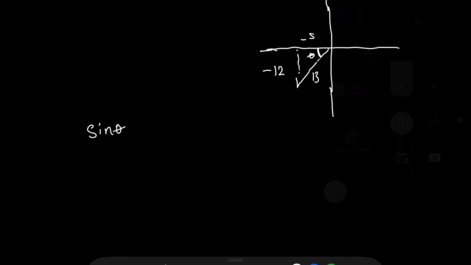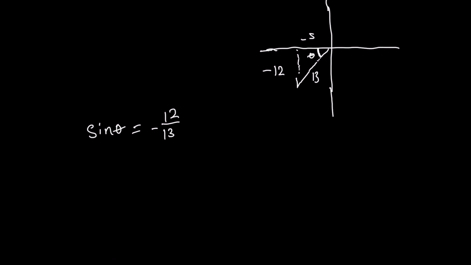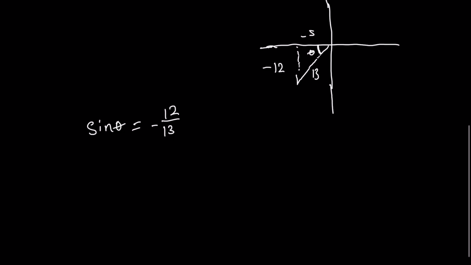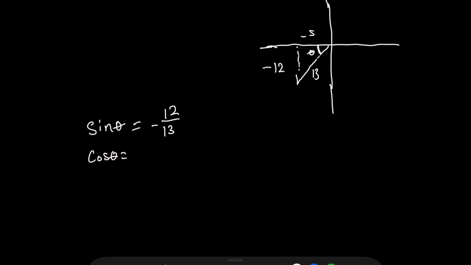I apologize. Sine theta is equal to opposite over adjacent. Opposite over adjacent, really? Opposite over hypotenuse, I apologize again. That's tangent. Cosine is adjacent over hypotenuse.